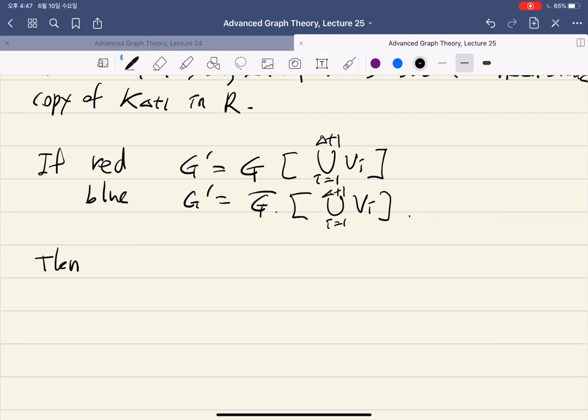Now we want to just show that we can embed H into G prime, because G prime is a monochromatic subgraph of K_n.